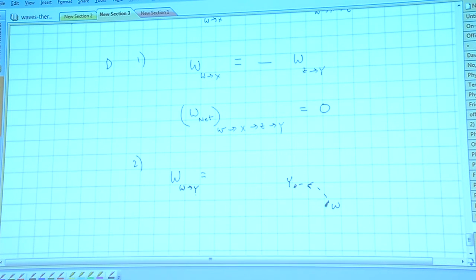Zero. It's just like from X to Z that we just did, right? Because the force is always perpendicular to the motion, to the displacement. Okay?